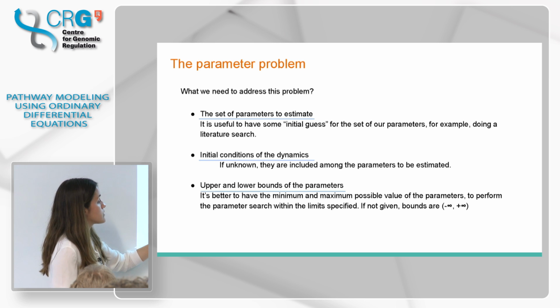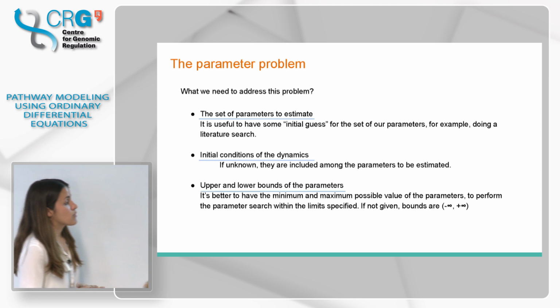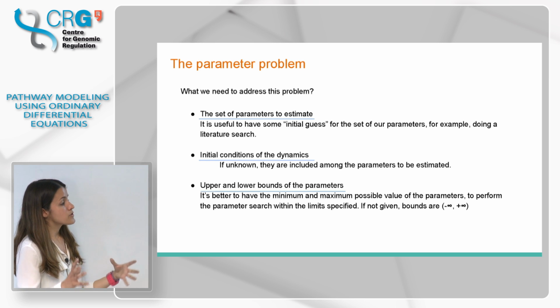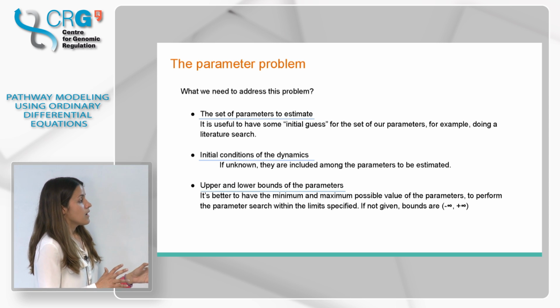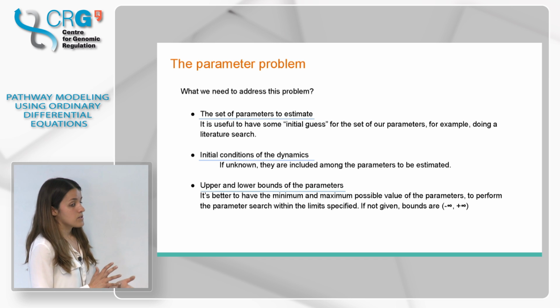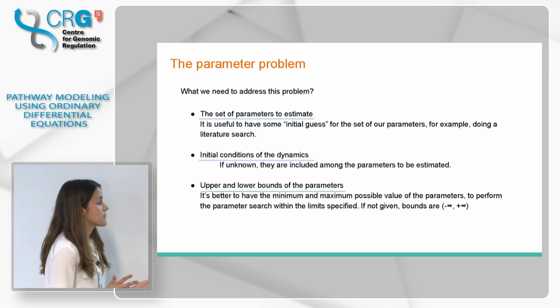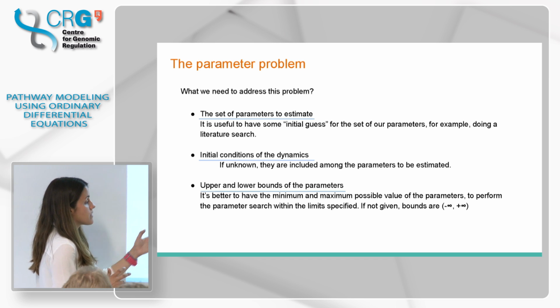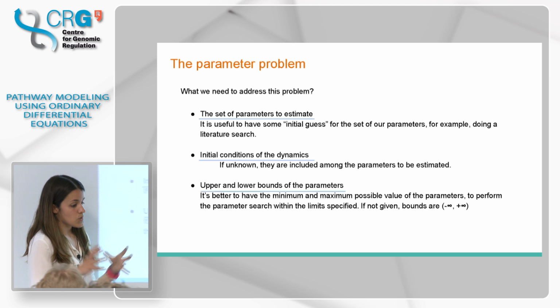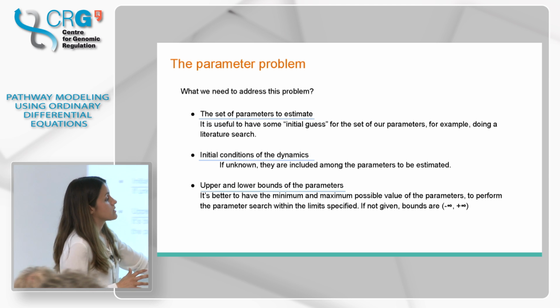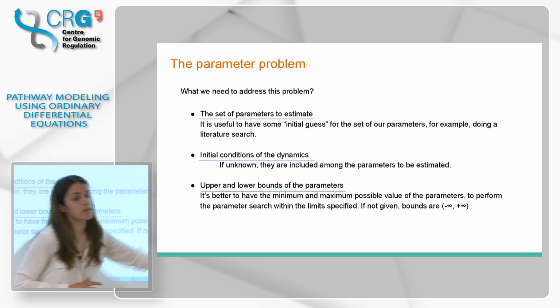Another thing we need to know is the upper and lower bounds of the parameters. We can constrain the search space for our parameters if we know something about the biology of the reactions occurring. If we have the minimum and maximum possible values, we can constrain our search a lot, because if not, the bounds are minus and plus infinity.